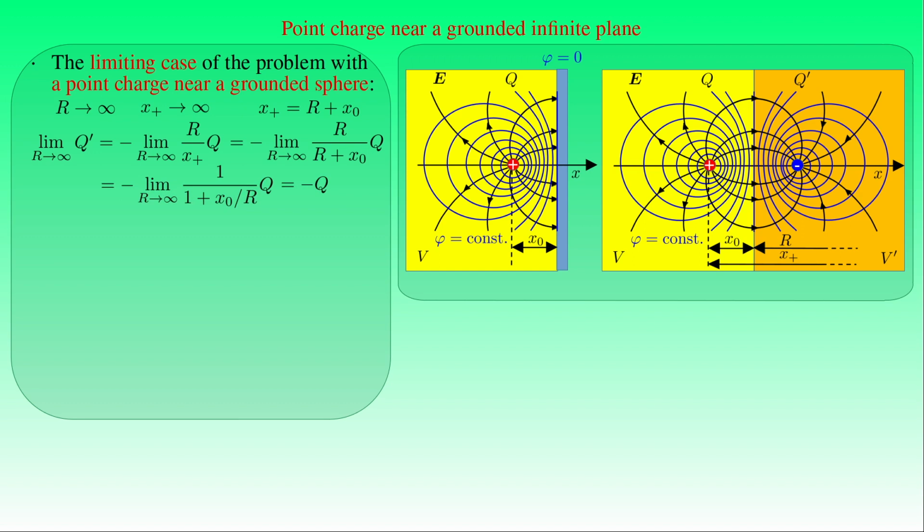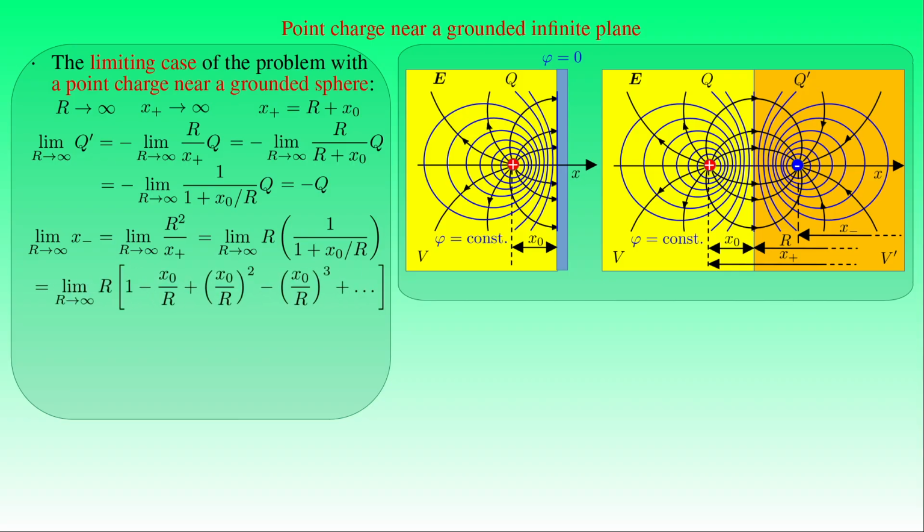We also evaluate the distance x sub minus of the image charge Q' from the center of the infinite sphere given by R squared over x sub plus. Here x sub plus is equal to the sum of R and x naught, and the fraction can be written as R times the quantity of 1 over 1 plus the ratio of x naught to R. Since x naught over R vanishes as R approaches infinity, we can apply the Taylor expansion of the fraction at x naught over R at 0.